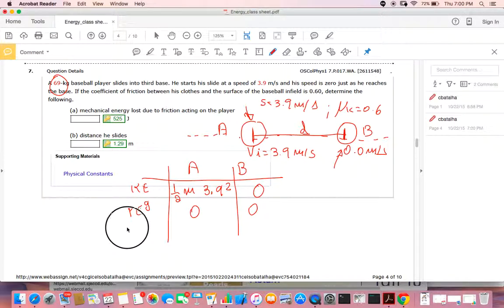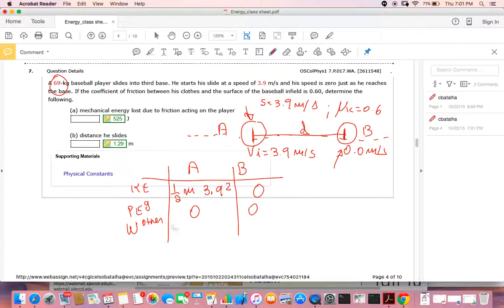Well, but I have work done by other forces. So what are the other forces in the system besides gravity and normal? Remember, gravity and normal, as we saw in the previous problems, don't do work on the system because they happen to be perpendicular to it.